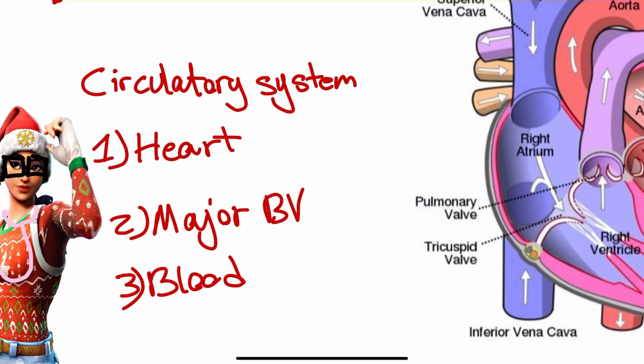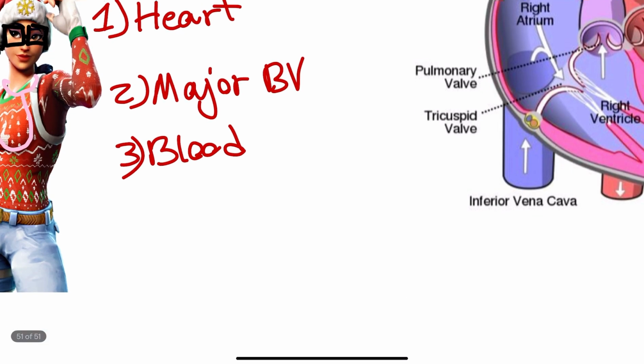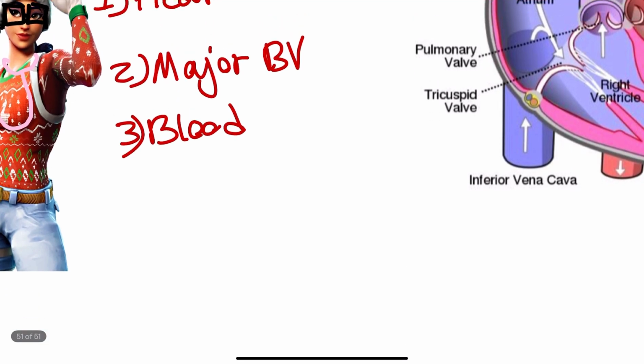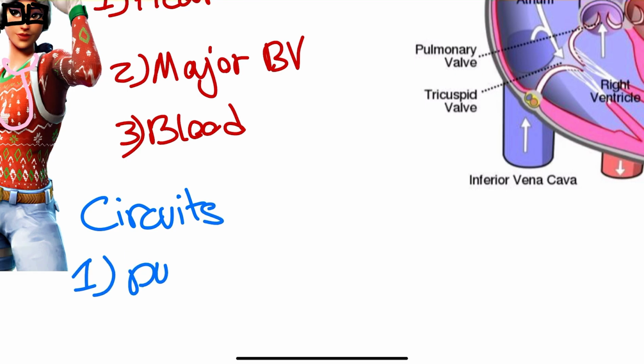Now there's 2 types of circuits. The cardiovascular system runs on double circulation. Your first one is going to be your pulmonary circuit. Now, we're going to see the word pulmonary a lot.